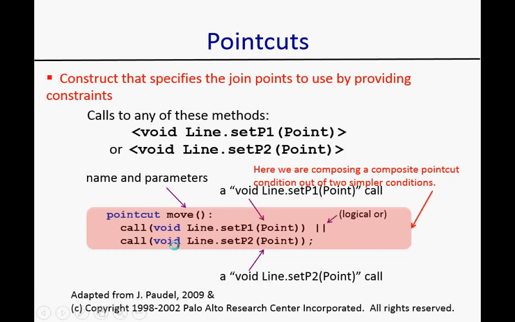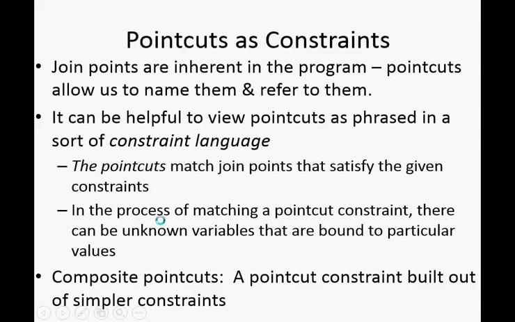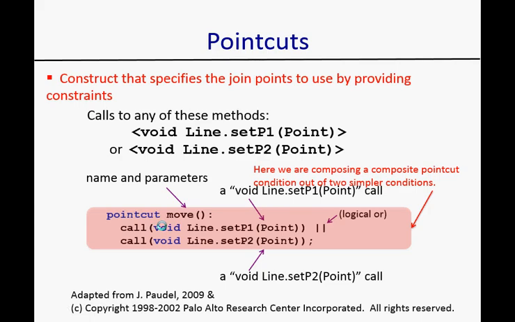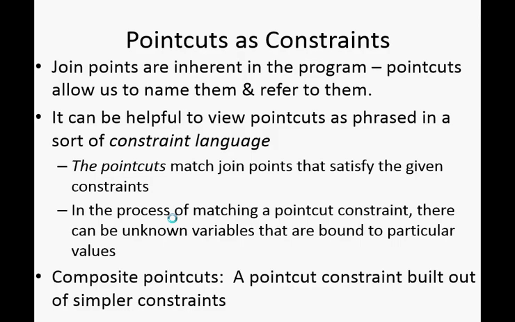So this refers to cases where either we're calling set P1 or we're calling set P2. Now, it can be useful to think of point cuts as specified in a kind of constraint language. We're specifying constraints that need to be matched. In this case, they're particularly simple constraints for it to qualify as a legitimate instance of the move point cut.